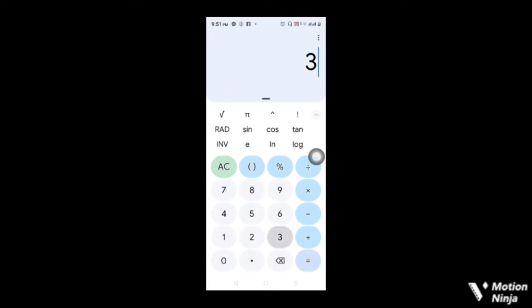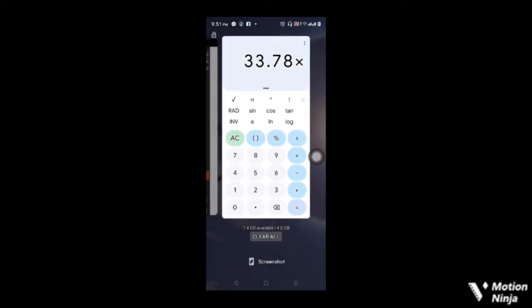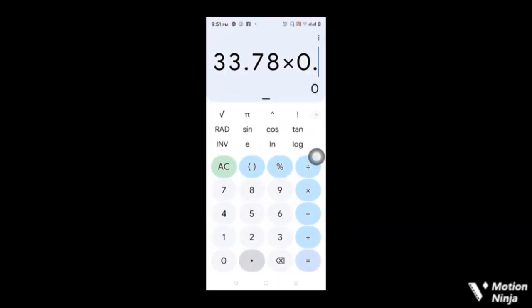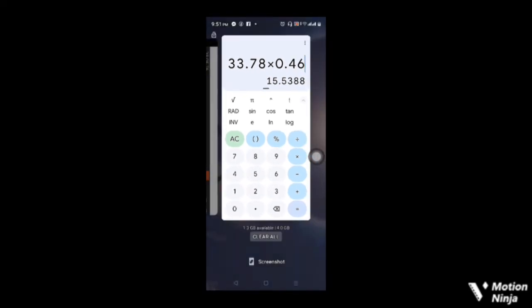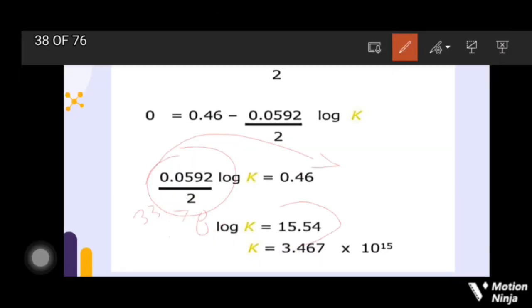So 33.78 multiplied by 0.46 is 15.53, or 15.54 rounded off, so here it is 15.54. After that, you need to solve for the log of the constant.